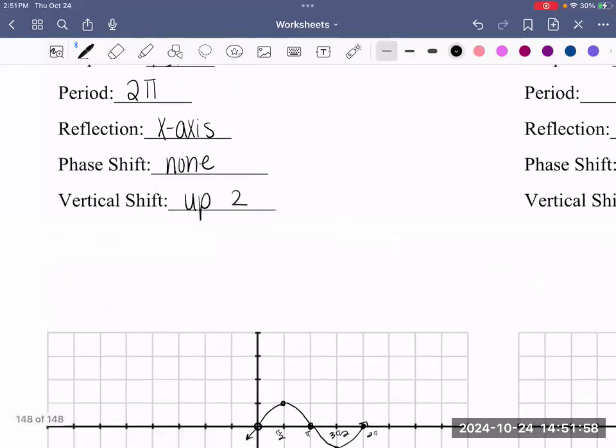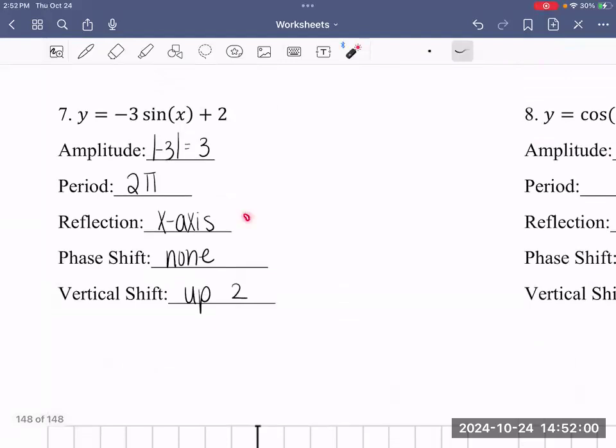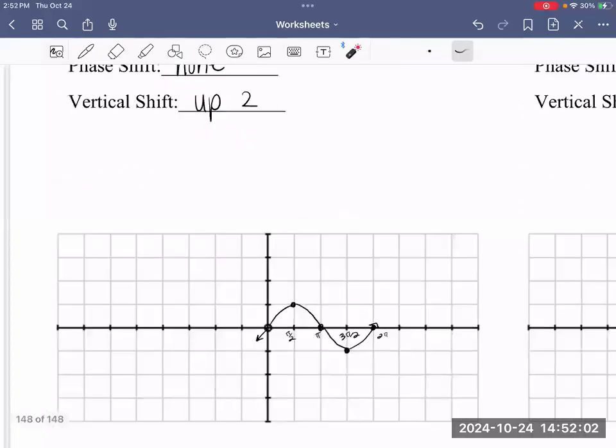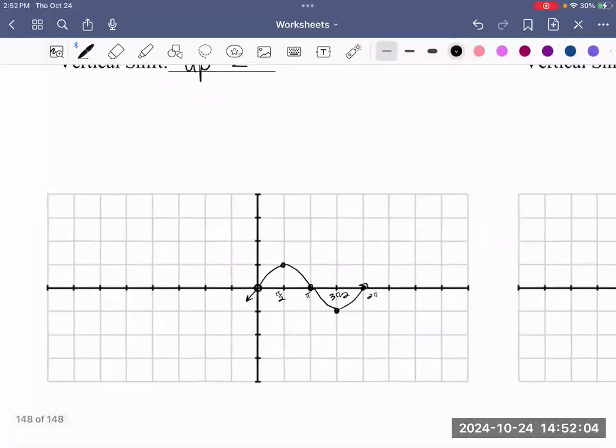And we're going to stretch first. Well, actually, let's do our reflection first. So let's reflect all of these values. So what comes up must go down. So now we're at here. So this is my reflection. Maybe I do that with a different one. So this is my reflected graph.